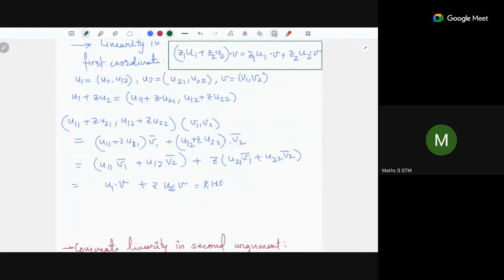For u1, u2, and v in R2, and a and b in R, (a u1 plus b u2) dot product with v is equal to a u1 dot v plus b u2 dot v.